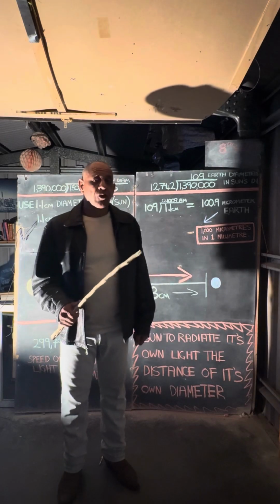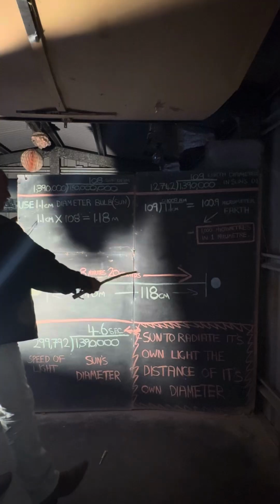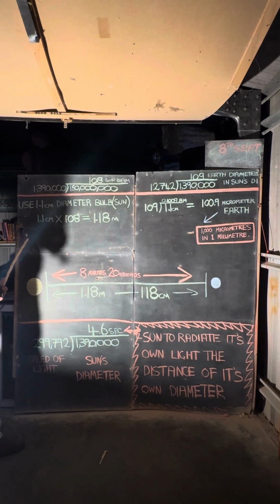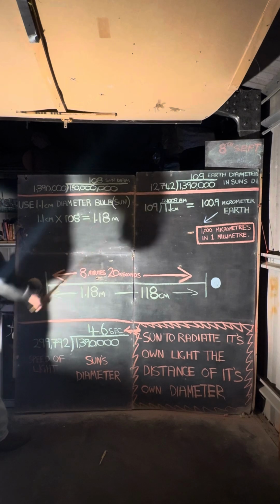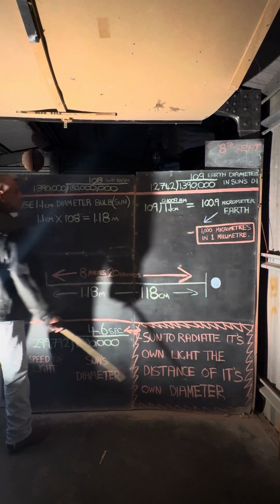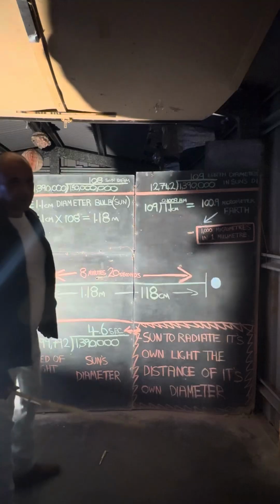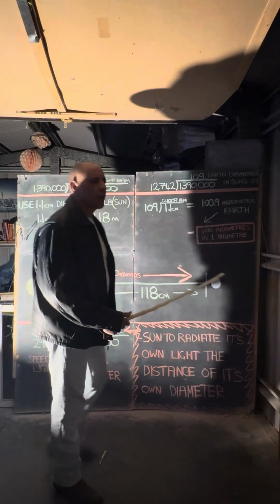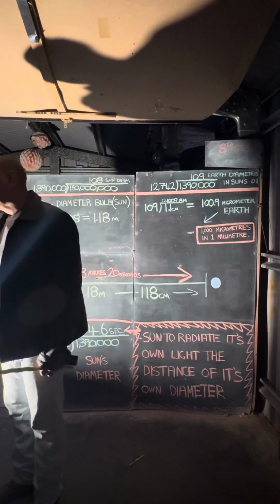What you are being told is it would take 8 minutes and 20 seconds for this 1.1 centimetre light bulb to get its light over to that tenth of a millimetre Earth. Yeah, but what was the one that people used to keep throwing at me? That can't be perfectly to scale.